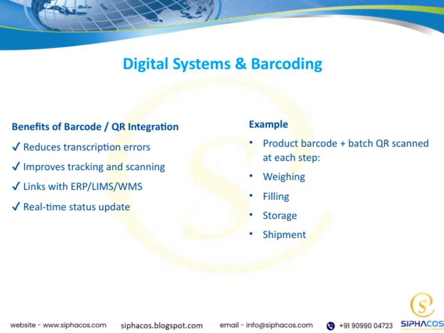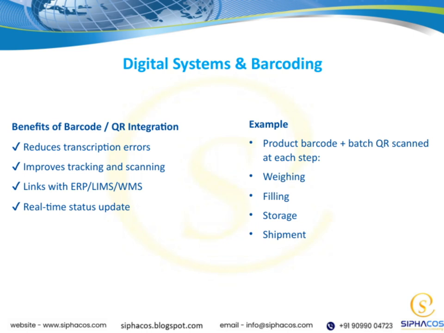Now, what are the benefits of integrating barcodes and QR codes? Well, first, it significantly reduces transcription errors because data is captured automatically rather than manually entered. Second, it improves tracking and scanning capabilities, making it easier to locate and verify products at any stage.